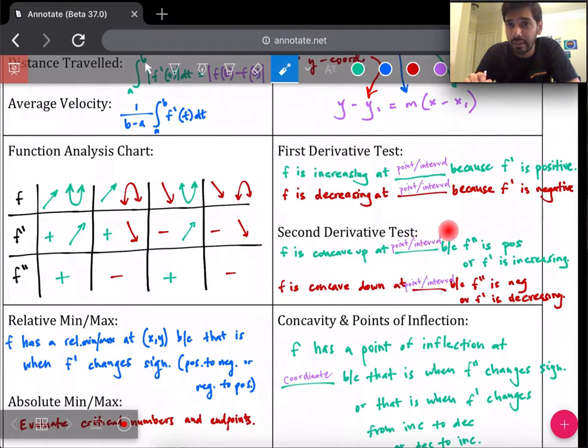Or instead of writing that, if you don't know anything about f double prime, you can write about f prime. If f prime is increasing, then that tells you that the original is also concave up. Remember, these three things all go hand in hand and associate with each other. So you can write either one of these two clauses right here as your justification.